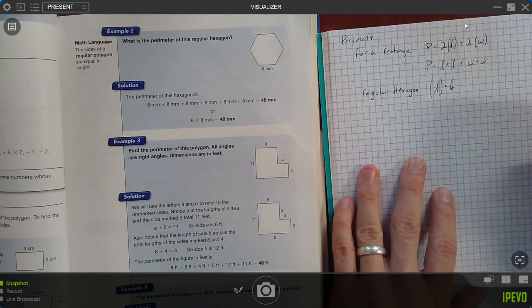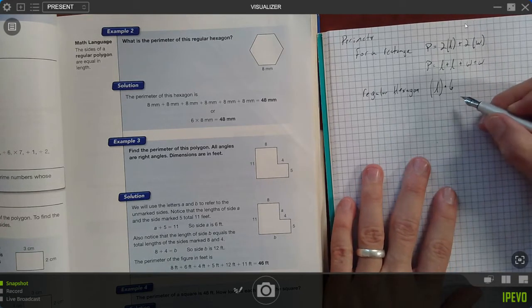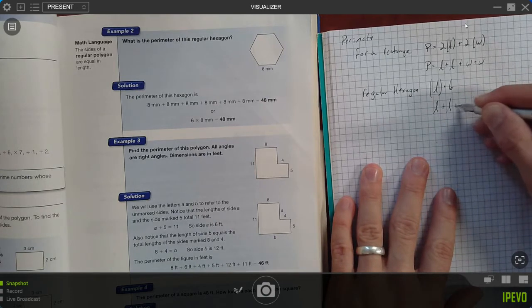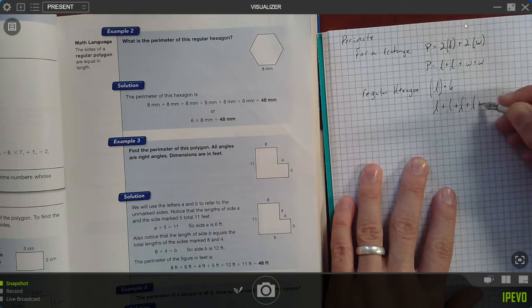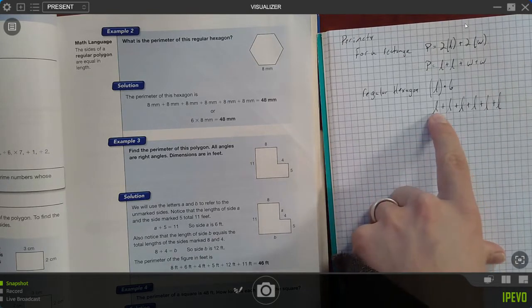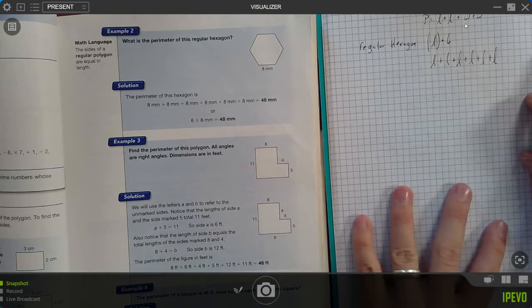Now here, it's easier doing that one multiplication problem than doing length plus length plus length plus length plus length plus length. We use the cursive L for length, by the way, so hopefully that makes it easy to understand.